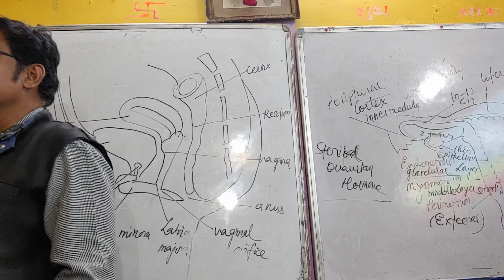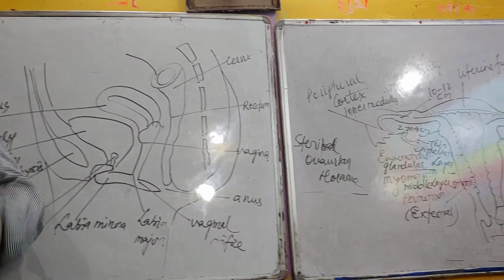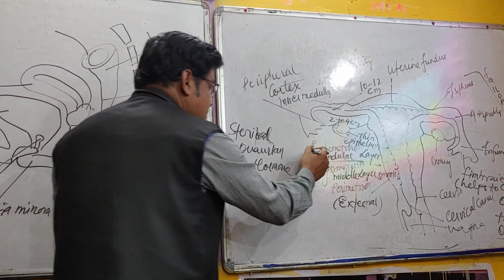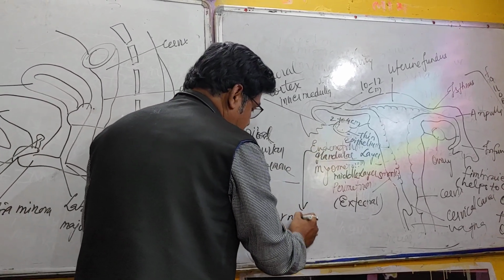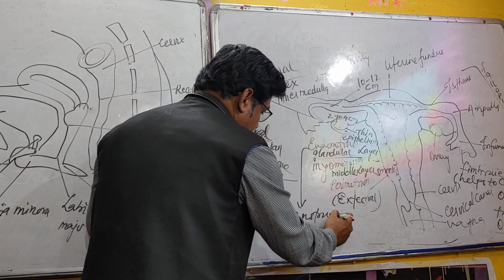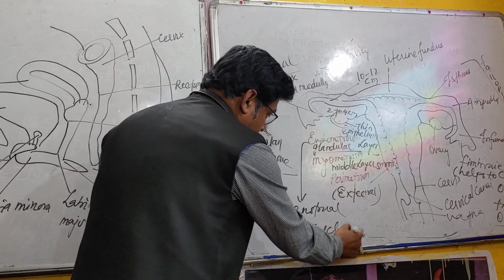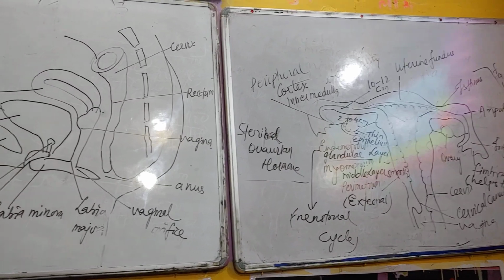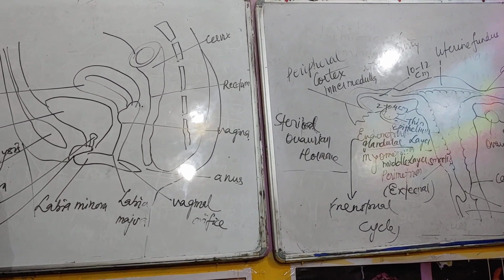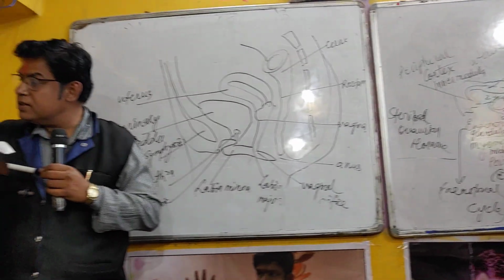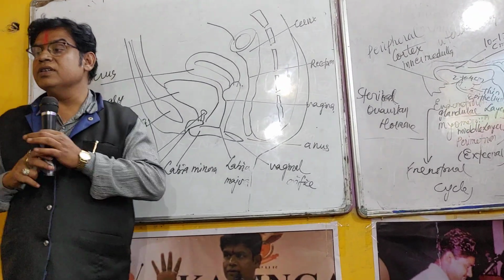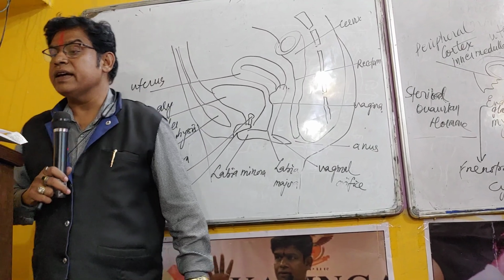Different kinds of cyclic changes happen at different times. When does this happen? The endometrium undergoes cyclic changes during the menstrual cycle. It is during the time of what you rightly call the menstrual cycle. So at the time of the menstrual cycle, it undergoes a lot of changes.